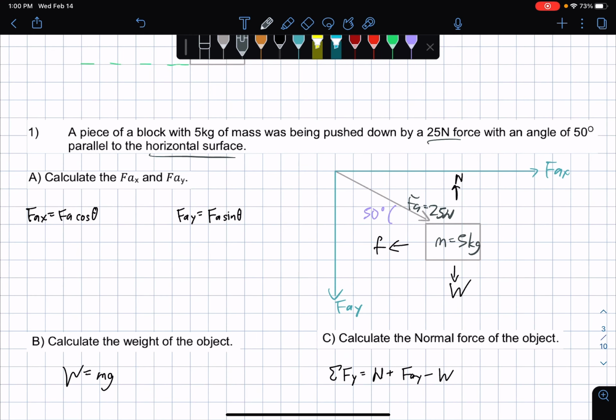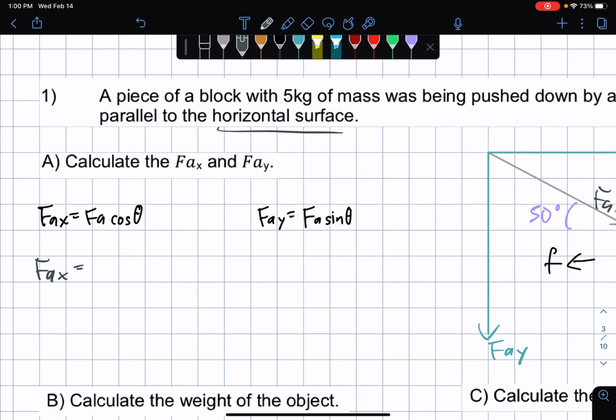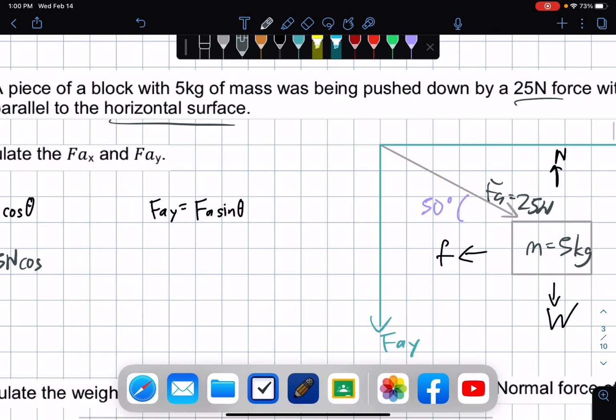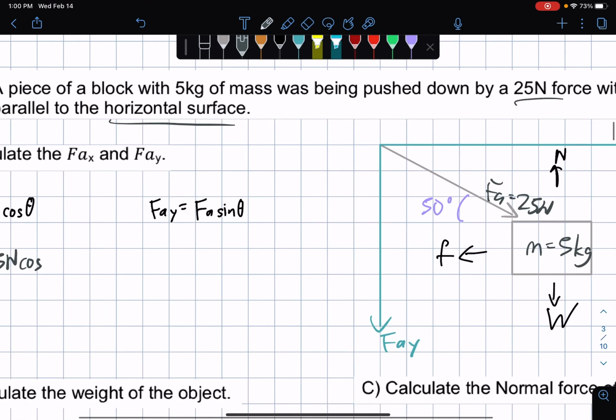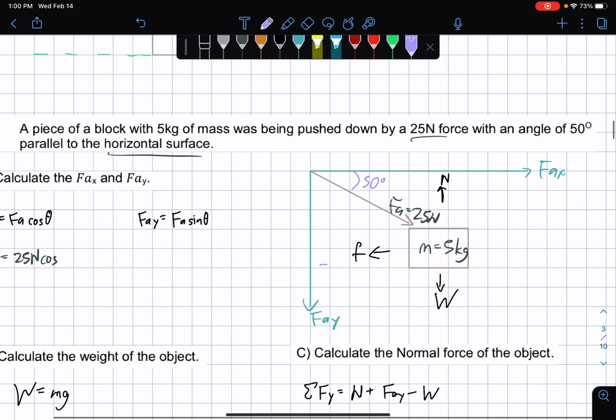Okay, now calculate FAX and FAY. So it's these two. FA is equal to what? 25 newtons. Cosine, what's the theta value? It's said to be 50 degrees. And one more important detail is that the 50 is supposed to be here. The theta is supposed to be parallel to the horizontal surface.